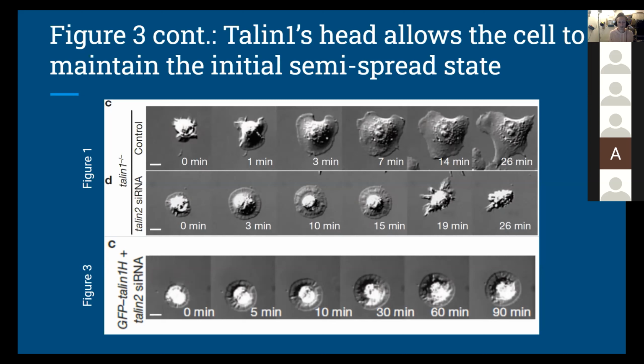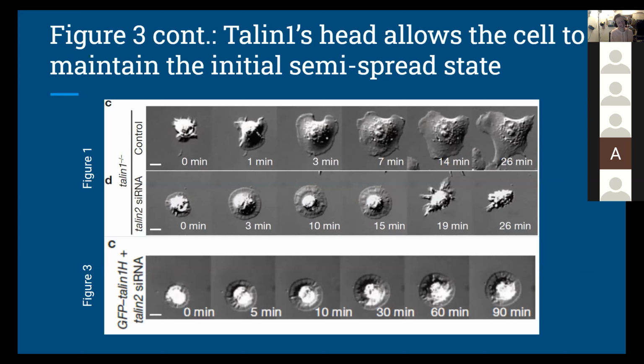But when you delete Talin, you get some hesitant spreading followed by a loss of that spreading. But when you add Talin 1's head domain only to a Talin deletion cell, the cell begins to try to spread, then stops trying to spread, but it also doesn't retreat either.